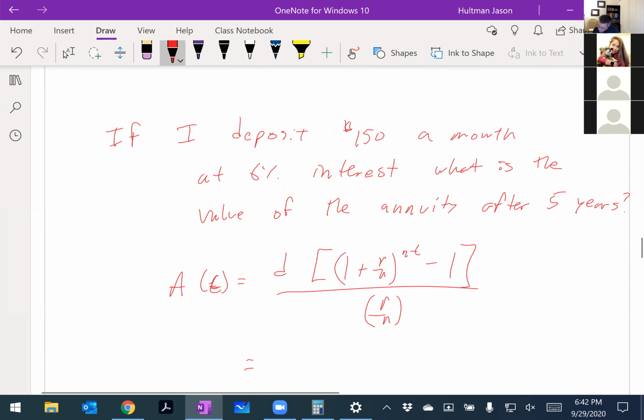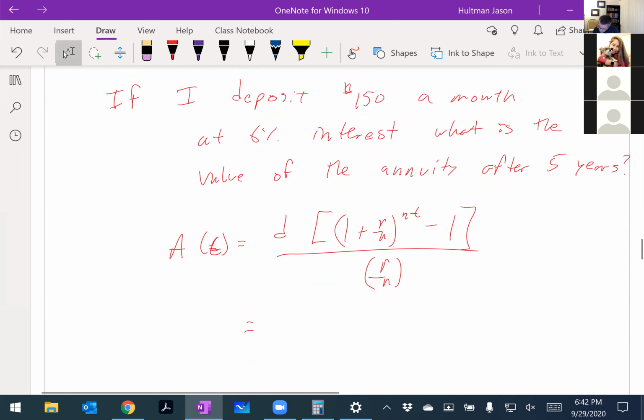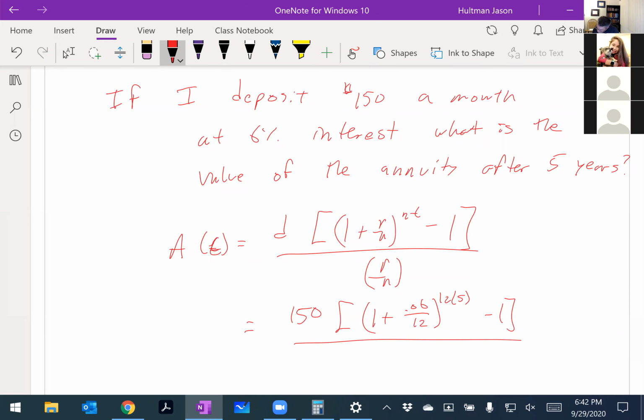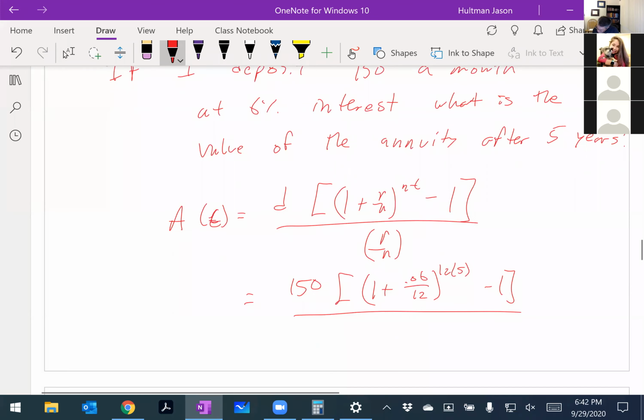So I have 150 times (1 plus 0.06 over 12) to the 12 times 5, so that's 60, minus 1, all over 0.06 over 12.